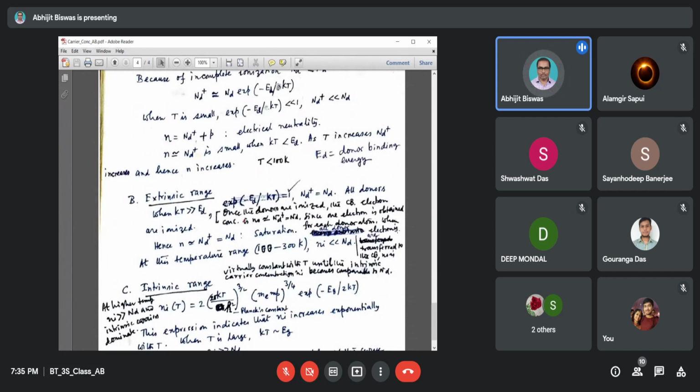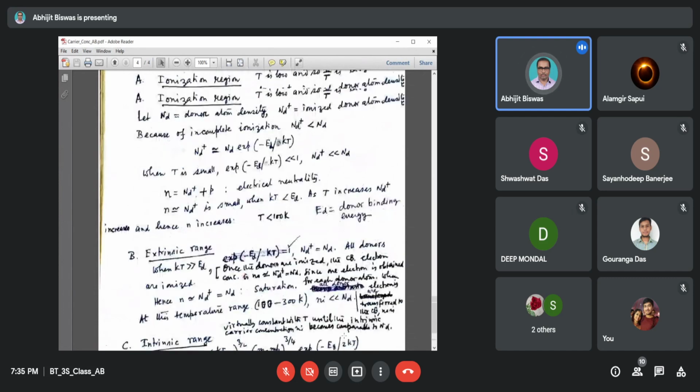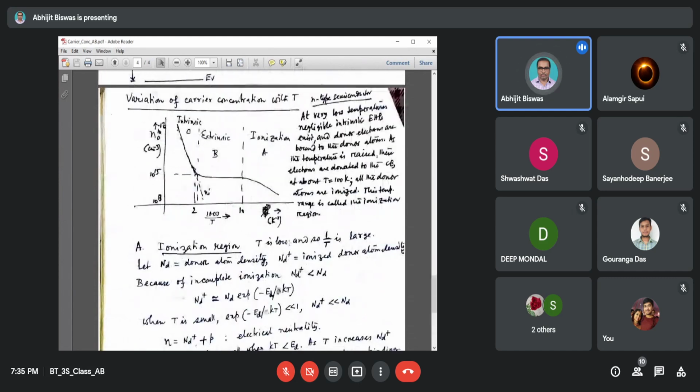That means all donors are ionized, so the electron concentration is equal to Nd plus, and it is equal to Nd. And this temperature is say from 100 degree Kelvin to around 450 or 500 degree Kelvin.